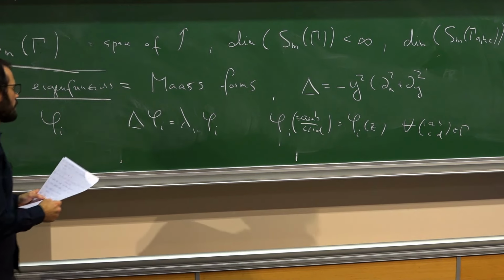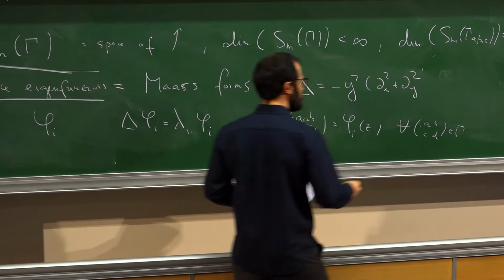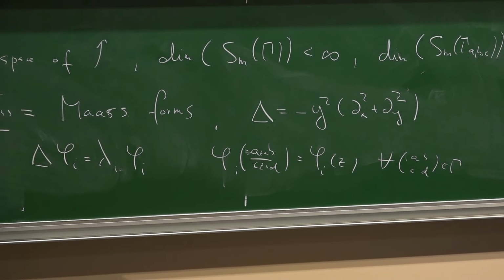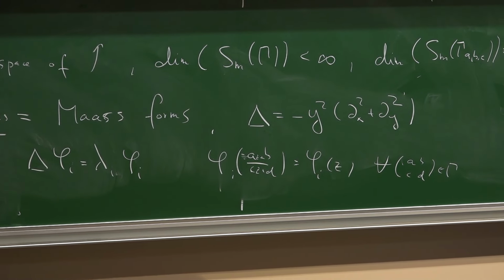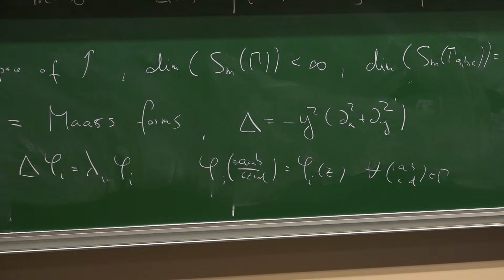So you can think of the lambda as an analog of the weight of the modular form, and this becomes very transparent when you think representation theoretically. There's a nice representation theoretic view of all of this, which basically goes under the name of automorphic representations, where you can realize these things as special vectors in infinite dimensional representations.